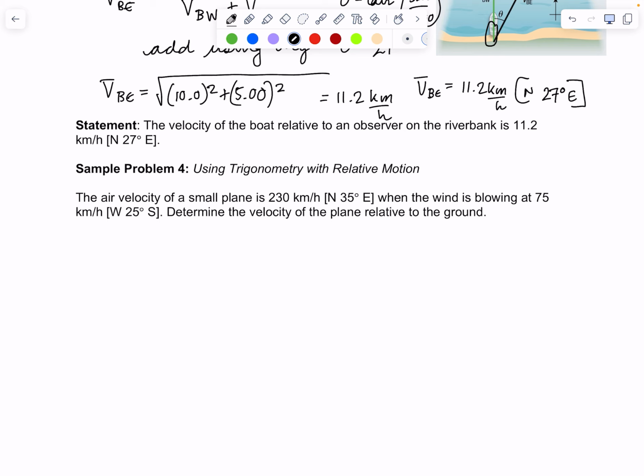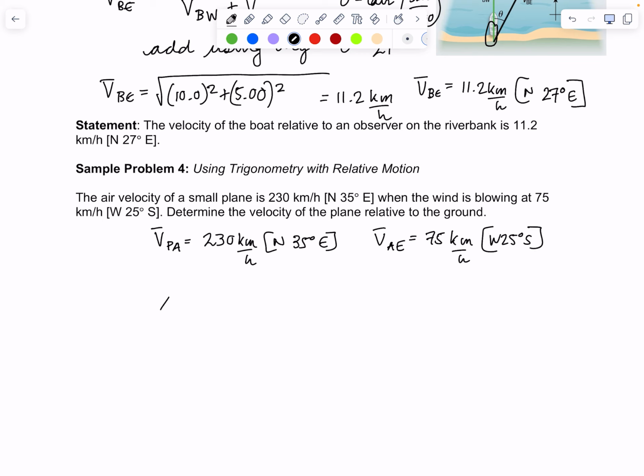So we have the velocity of the plane relative to the air is 230 kilometers per hour, 35 degrees east of north. And we have the velocity of the air relative to the earth is 75 kilometers per hour, 25 degrees south of west.